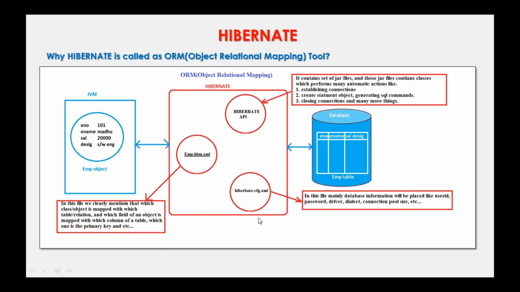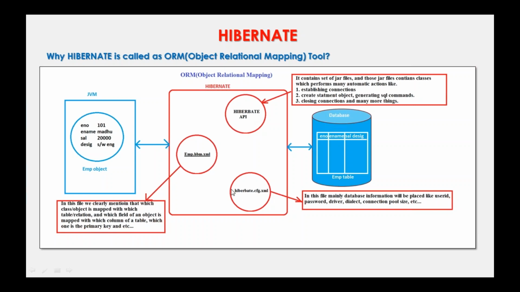And extra, we are providing one configuration file. Why are we providing that configuration file? To Hibernate, we are telling through this file: hey Hibernate, connect to this particular database. The driver is a type 4 driver, user ID is system, password is manager, URL is this one.